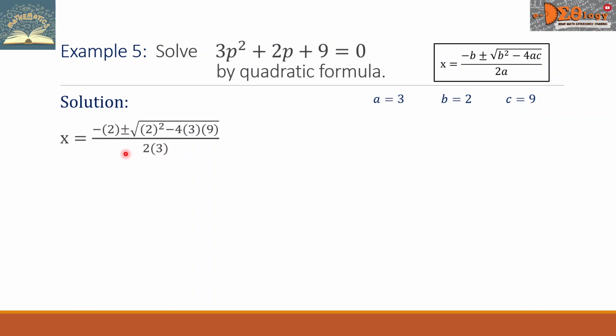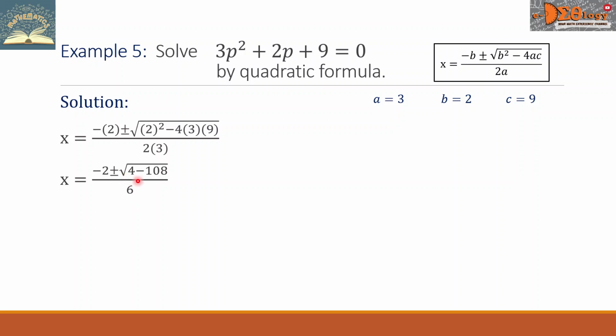We simplify further. This negative of 2, we simply write minus 2 or negative 2 plus or minus the square root of 2 squared is 4 minus the product 4 times 3 times 9, and that will be 108 all over 2 times 3, that is 6.